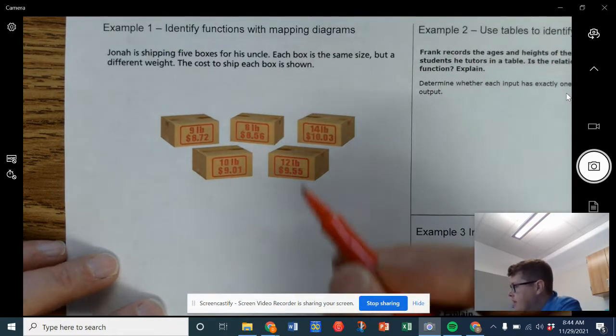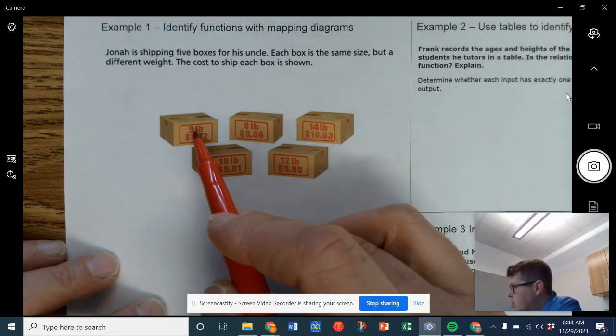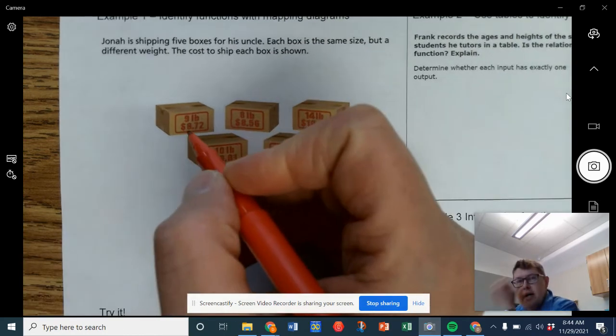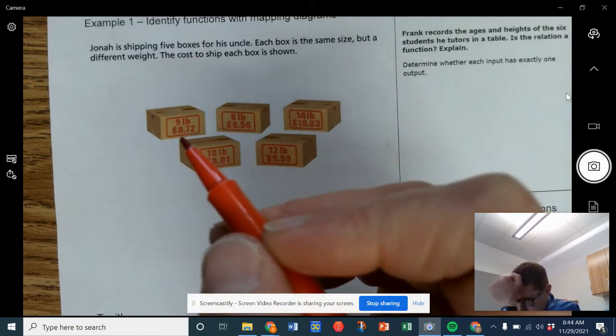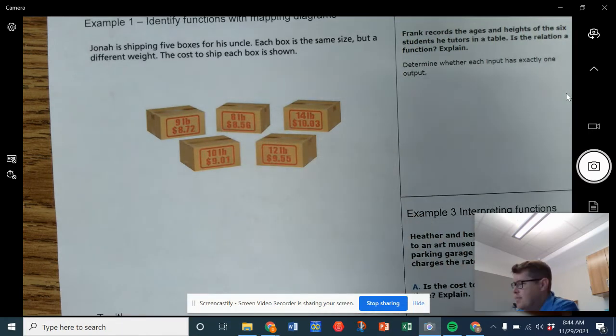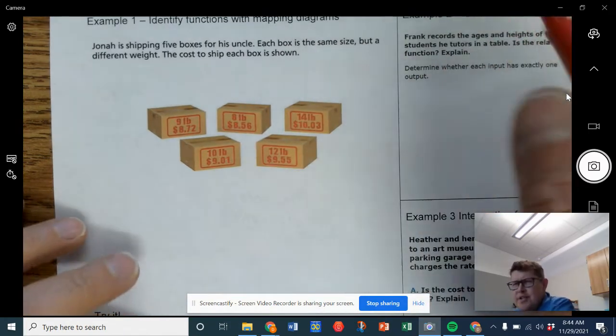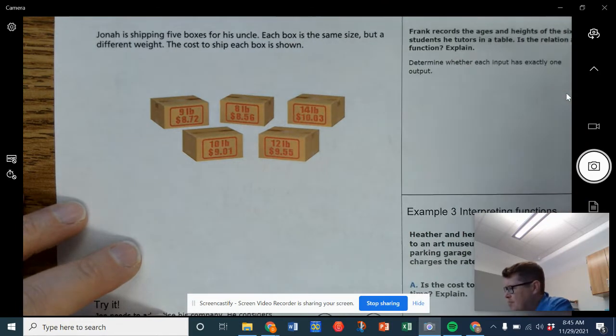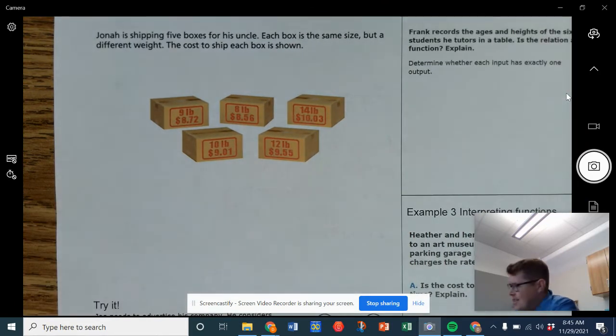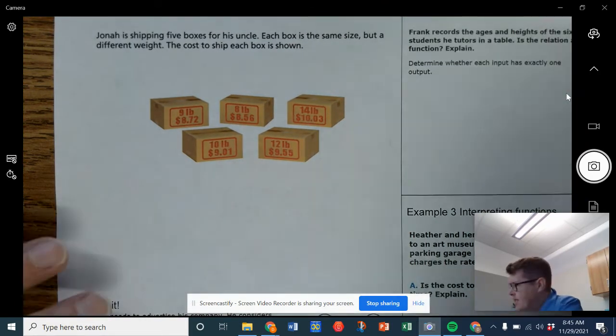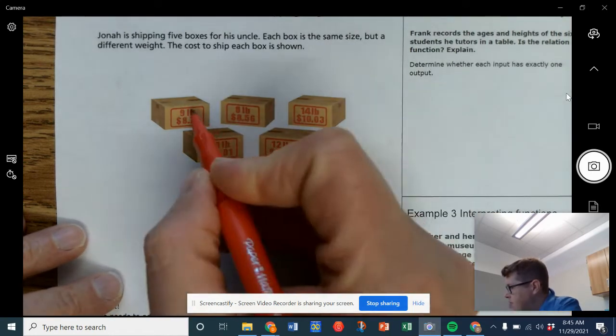So what we're going to do is put them together in a mapping diagram. The book wants you to put them together as ordered pairs. Well, actually, that is useful because it kind of brings out the relationship between the X and Y. Okay, let's do that.